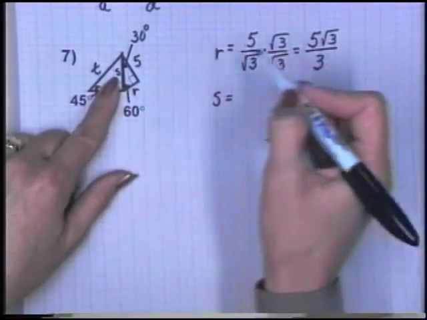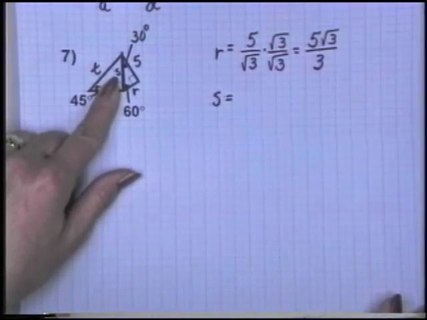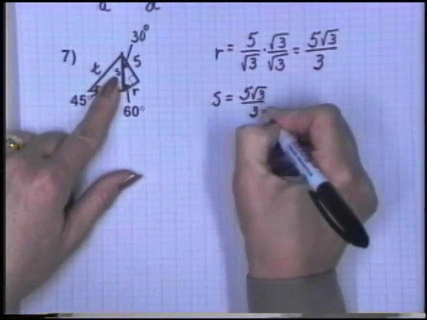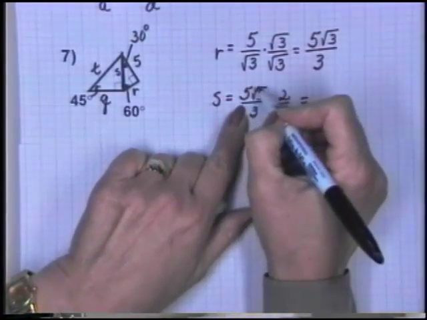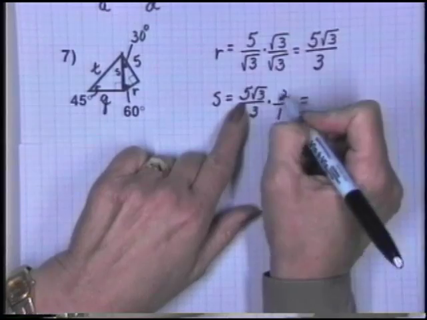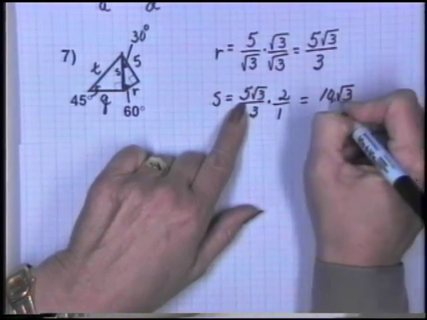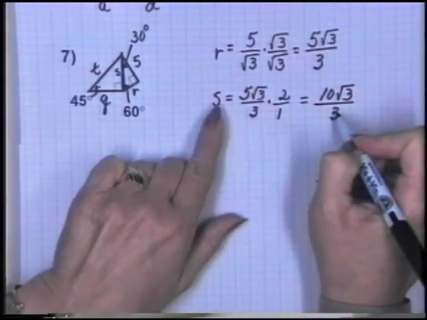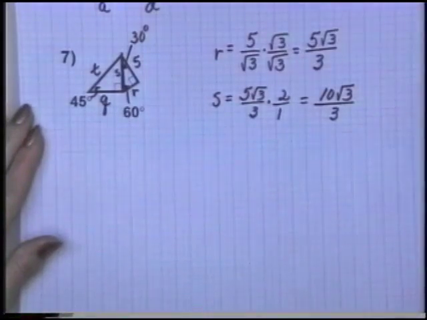What's the relationship? The hypotenuse, S, is twice the side across from the 30. So let's take the side across from the 30 and multiply it by 2. 5 times the square root of 3 times 2, we say 5 times 2 is 10. So we'll have 10 times the square root of 3, and 3 times 1 is 3.